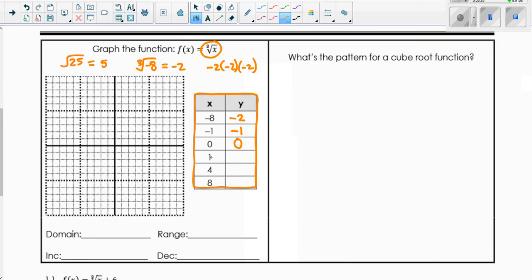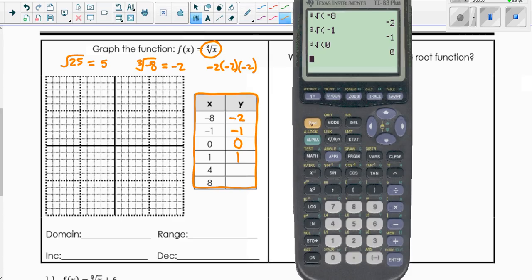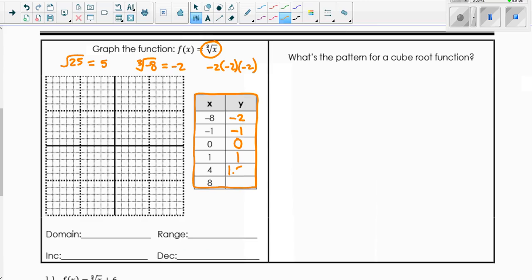The cube root of 1 is 1, since 1 times 1 times 1 is 1. The cube root of 4 is not a nice number. So this is just to illustrate that this is not a number, 1.59, that we're going to want to graph. So we're actually going to ignore that number. And then the cube root of 8 is 2, because 2 times 2 times 2 is 8.